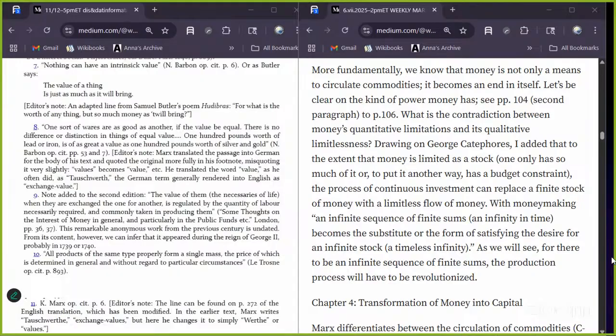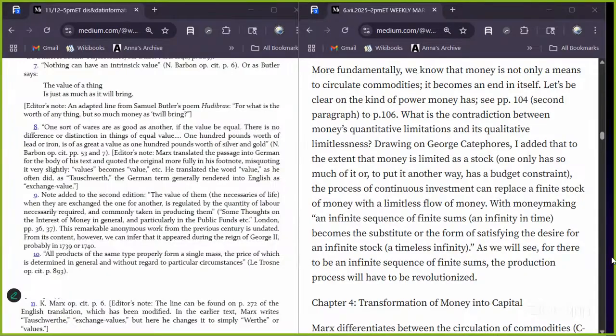With money making, an infinite sequence of finite sums, that is, an infinity in time, becomes the substitute or the form of satisfying the desire for an infinite stock, a timeless infinity. So an infinity in time versus a timeless infinity.